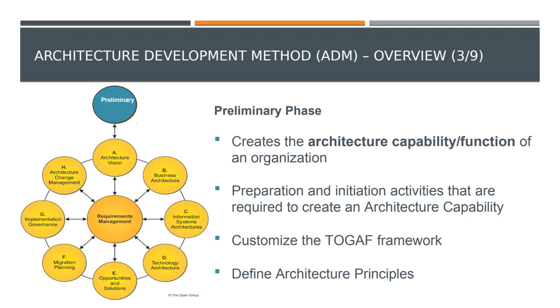Why it's not waterfall? Because you see they are all related to the center and the first phase. Preliminary phase, it creates the architecture capability function. It customizes the TOGAF framework, and it defines architectural principles.